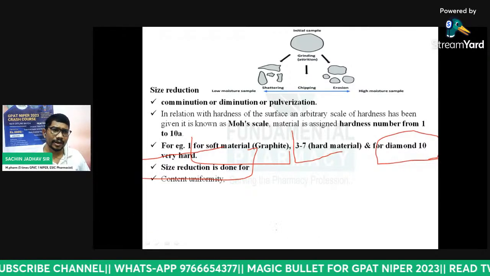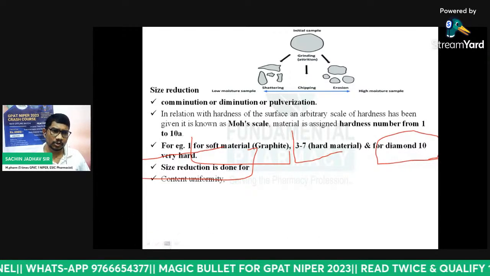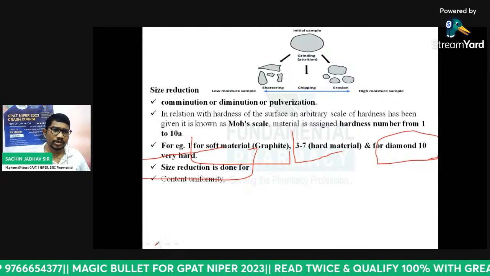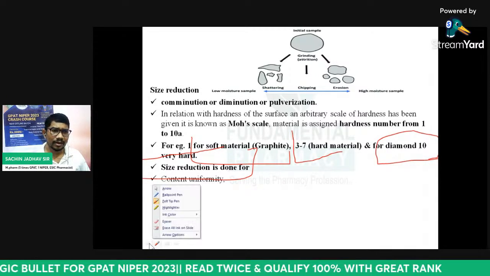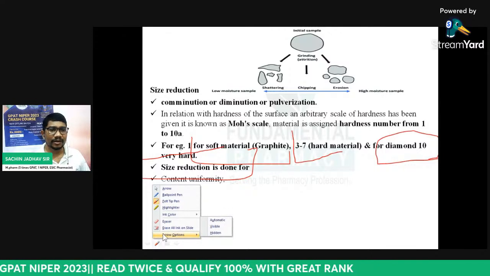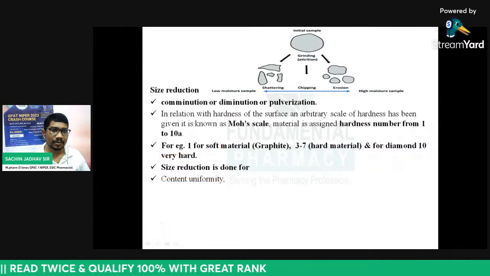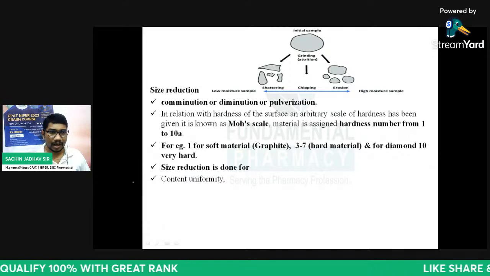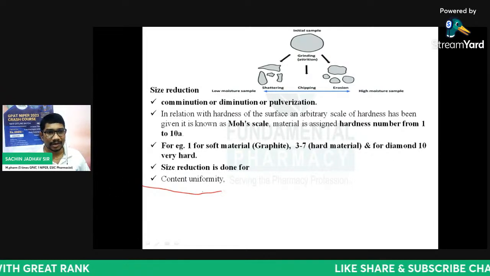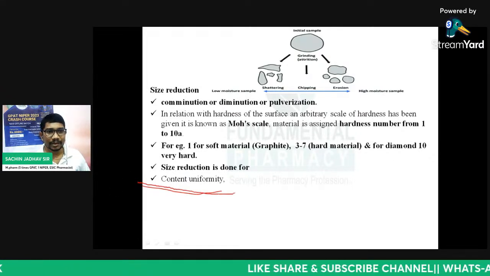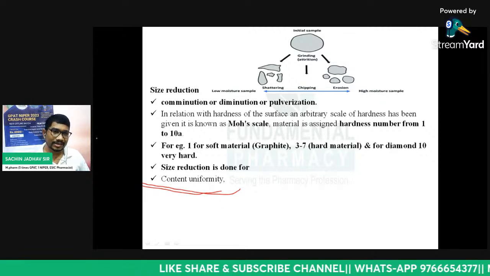Suppose you have a powder, which is having particles of different sizes. आपके पास में एक पाउडर है, मटेरियल है, उस पाउडर में क्या है कि पार्टिकल्स जो है उनका साइज वेरी होता है.